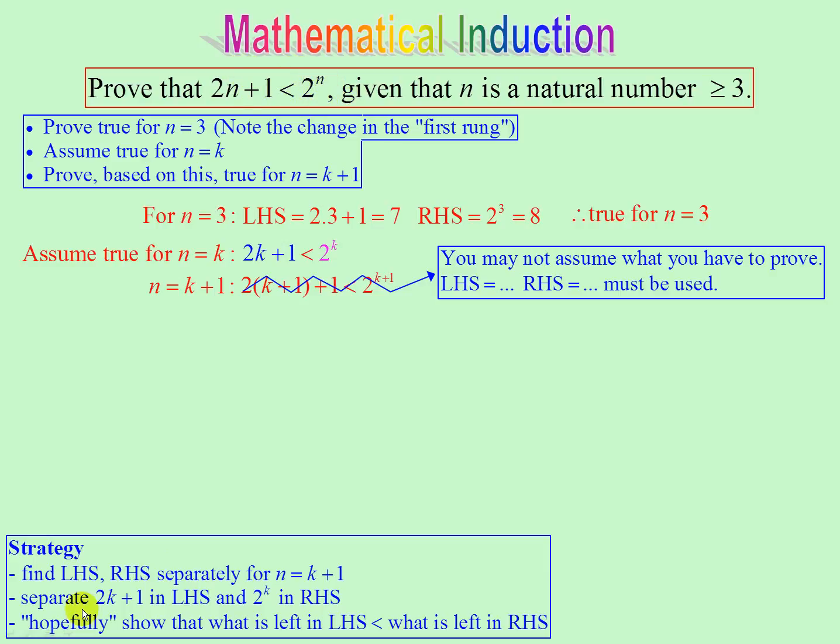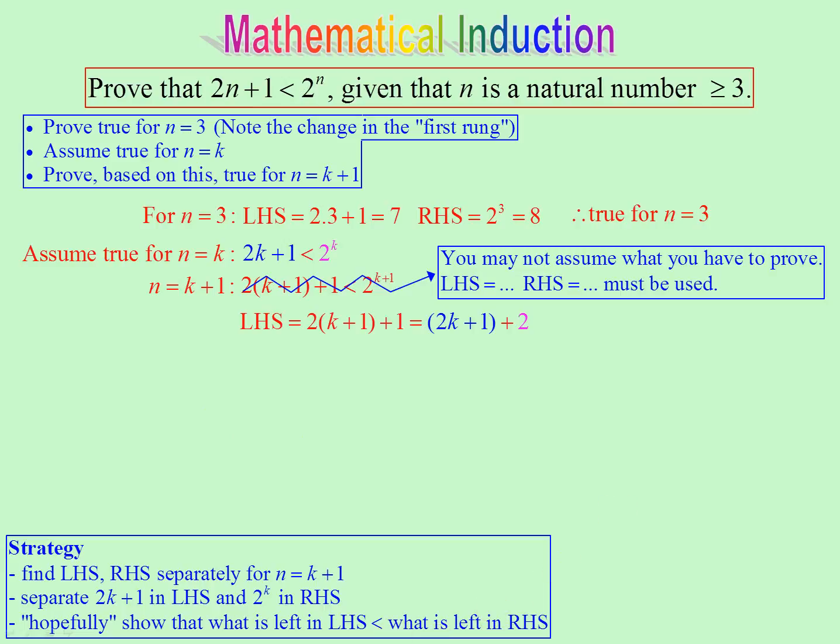Separate 2k plus 1 on the left-hand side, because there we are. There's the 2k plus 1. And I'm going to separate 2 to the k in the right-hand side because I know 2k plus 1 is less than 2 to the k. And hopefully I can show that what's left on the left-hand side is less than what's left on the right-hand side.